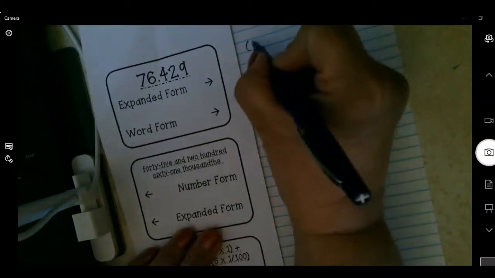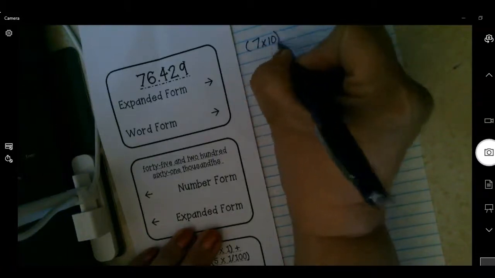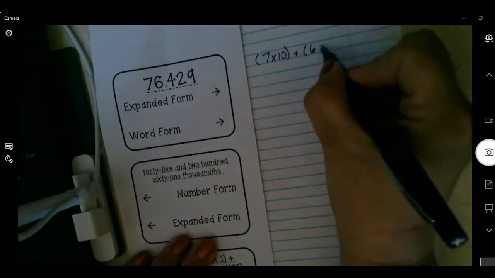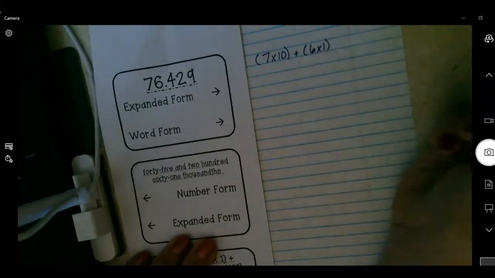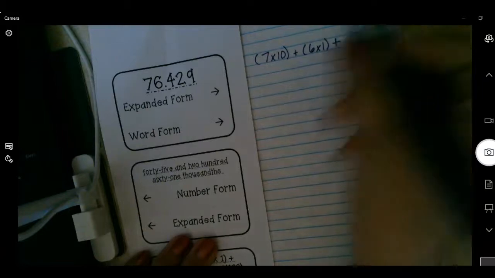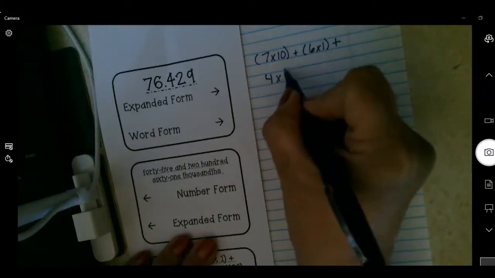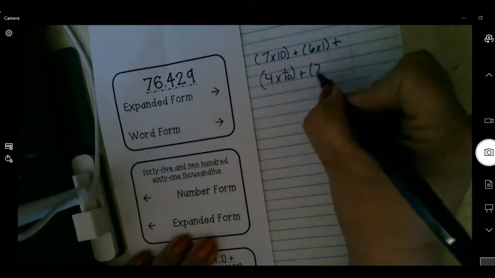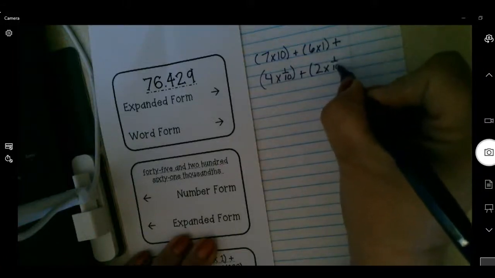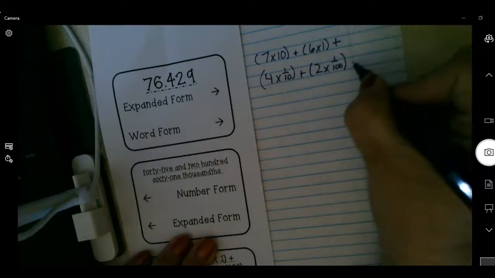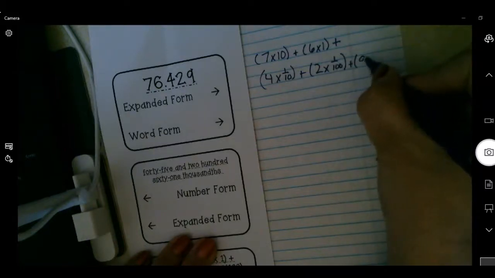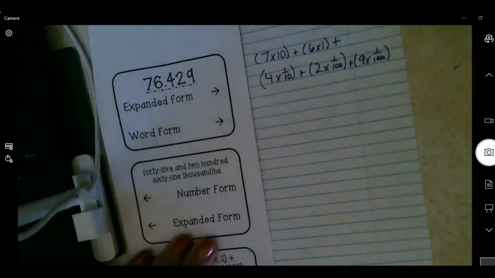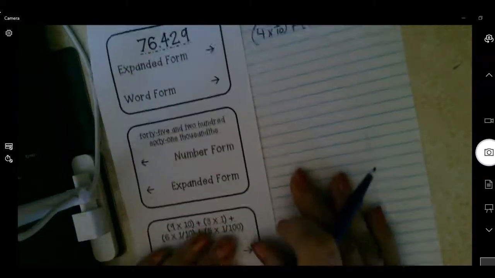My first one would be 7 times 10, because that's the tens place, plus 6 times 1, because that's the ones place, plus 4 times 1/10, that's the tenths place, plus 2 times 1/100, because that's the hundredths place, plus 9 times 1/1,000, because that's the thousandths place.